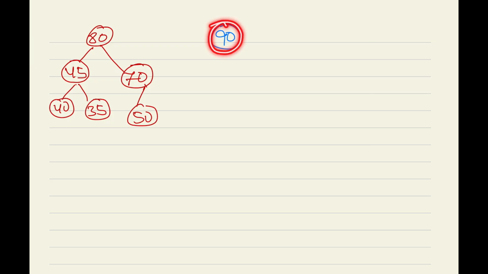The new element is always inserted at the end. So here it goes as the right child of 70. Now this 90 is added here.